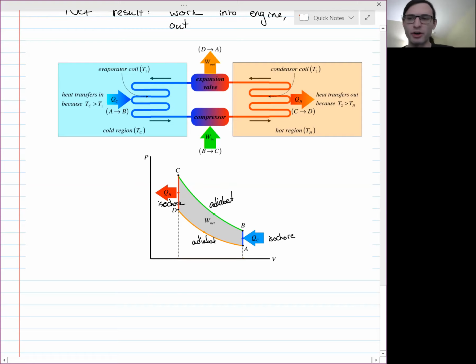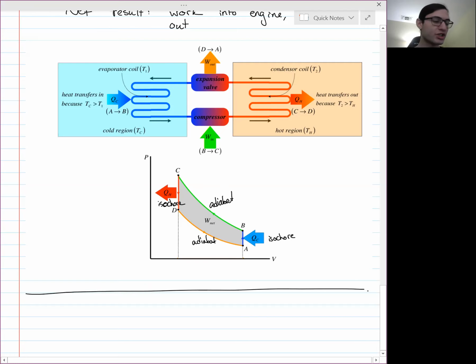I don't have a very good understanding of how those work, because I haven't looked at them in great detail. But the point is you can reverse any cycle, and it turns an engine, which takes heat as input and outputs work, into a refrigerator, which takes work as input and removes heat from a system, which is a useful thing to know.